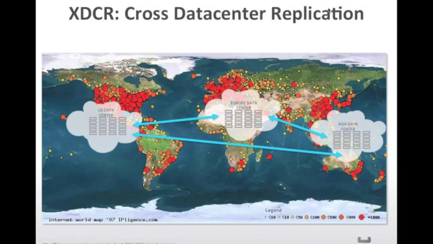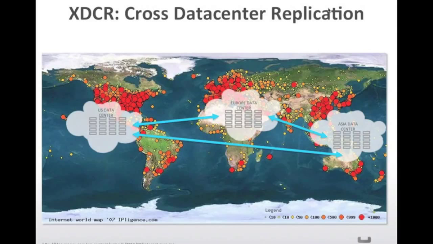Where the clusters can be located is wherever you would like. They could be within a single data center as well. They could be at your home office, or they could be at a geographically different location across continents. It could be in Europe. It could be in Asia Pac, right? So it allows for different possible configurations.